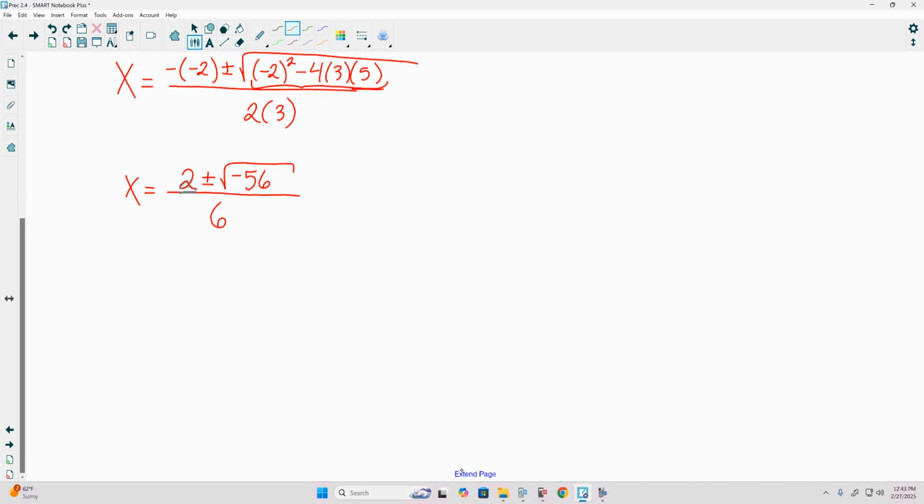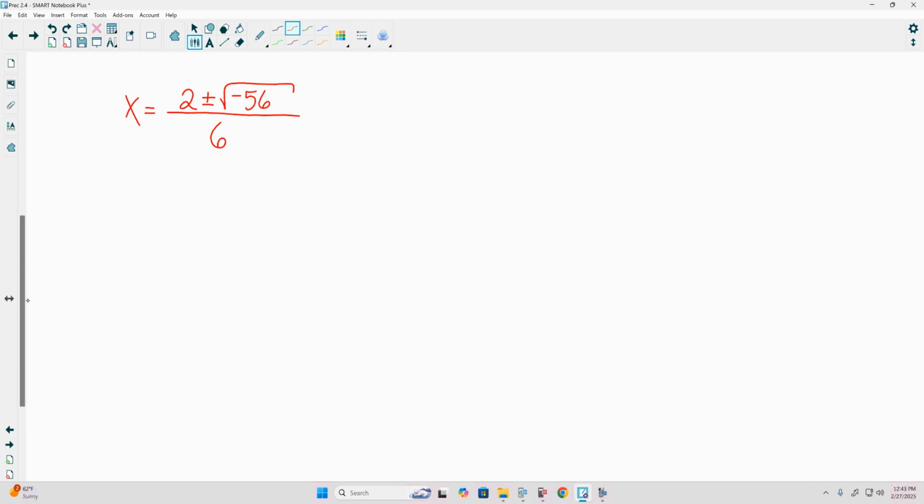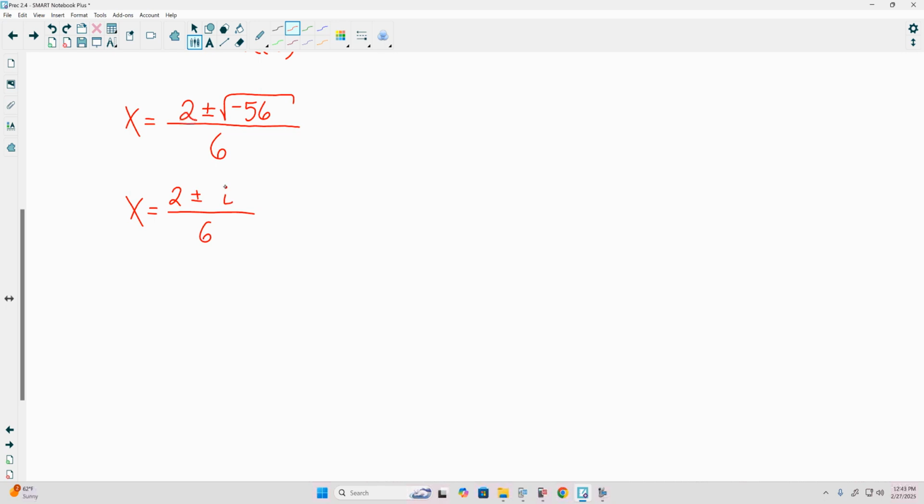Now we still need to reduce this as far as we possibly can go. Now negative 56, the calculator can't take the square root of negative 56. It can't do negatives. But we know that this negative is going to come out as i.